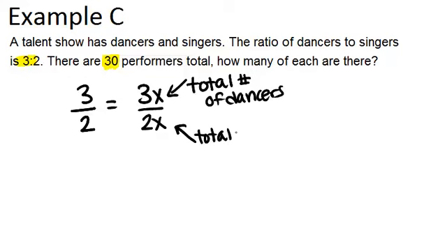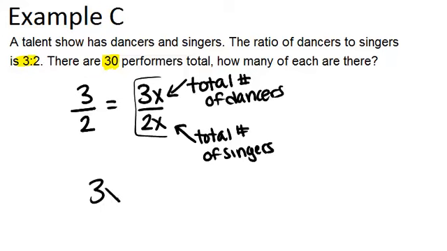And notice that the ratio is still 3 to 2, even when you write it 3x over 2x, because technically the x's would cancel each other out. So what we know is if the total number of dancers is 3x and the total number of singers is 2x, 3x plus 2x must equal 30 because that's the total number of performers altogether.